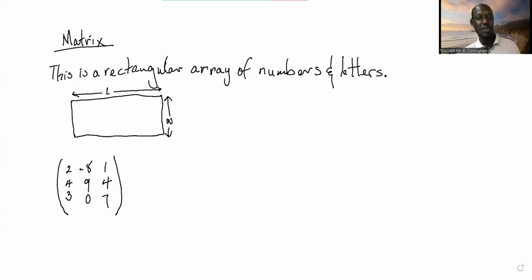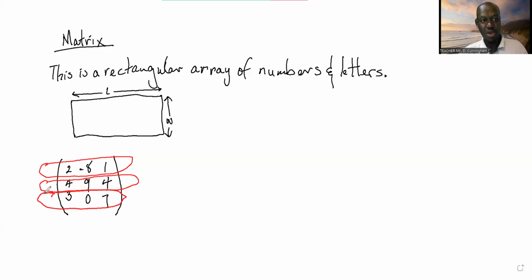Now, the order of a matrix is defined by the number of rows by columns. All right. Now, these are the rows. One row, 2 rows, 3 rows.